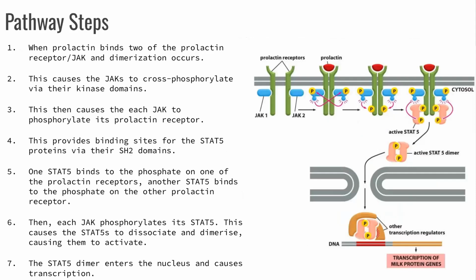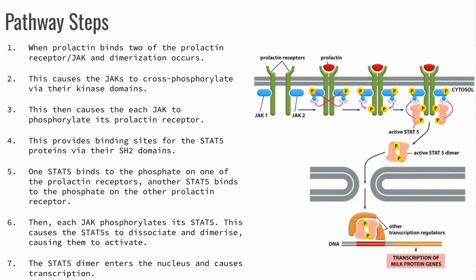Even though it's not an RTK, it does function very similarly to one. When prolactin, which is the signaling molecule, binds to two of the prolactin receptor JAK subunit complexes, dimerization occurs, and this causes the activation of JAK1 and JAK2, which cross-phosphorylate each other with their kinase domains.